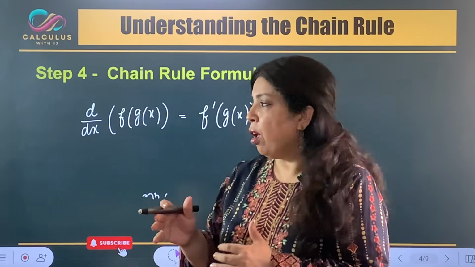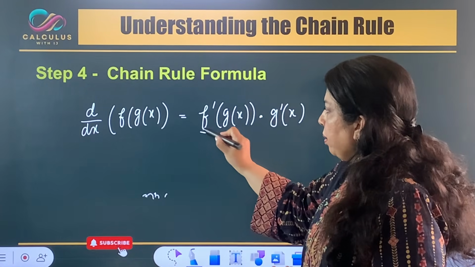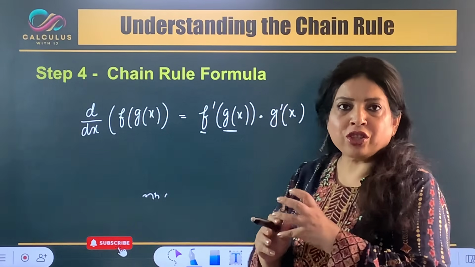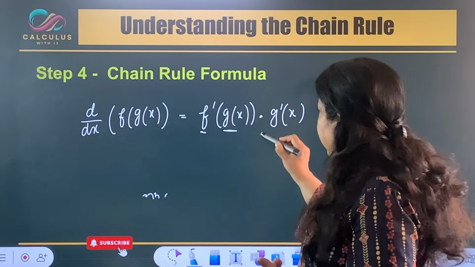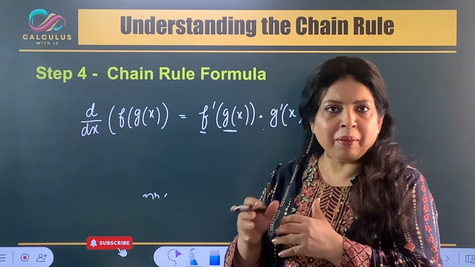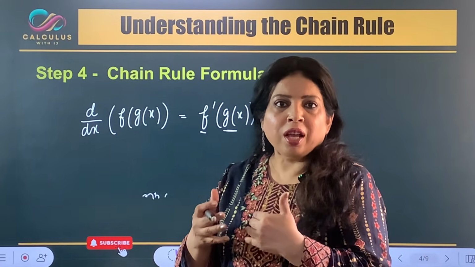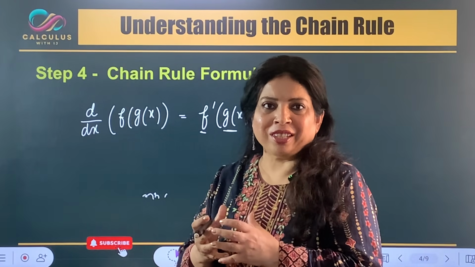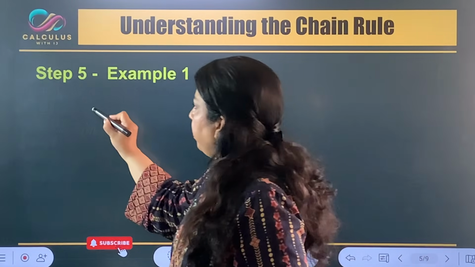This means we first differentiate the outer function while keeping the inner function unchanged and then multiply by the derivative of the inner function. So this is the mathematical expression of the chain rule which we use while differentiating composite functions. Now let's apply the chain rule.